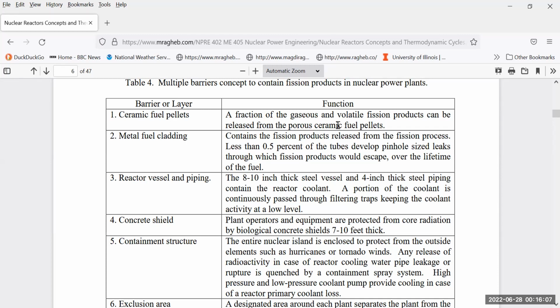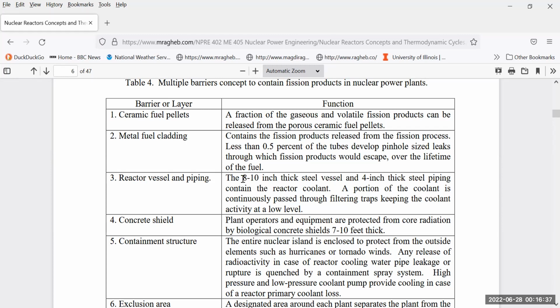Those pellets are contained inside a metallic can or a cladding, and I'll show you a picture of it as we go along. That would contain the fission products, gases and solid. Those metal elements, the fuel elements, are contained inside the reactor vessel and the piping that also doesn't allow it to be released to the environment.